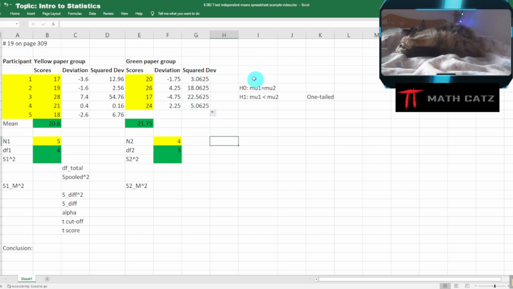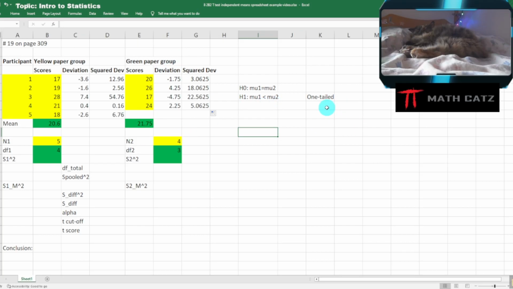So just in case I forget to mention it, I did write it down here. My null hypothesis is that the mean of these two populations, of which these are samples, the means are the same. And specifically based on the phrasing of the question, I want to test if the mean for the yellow group, which is our first group, is less than the mean for the other group.